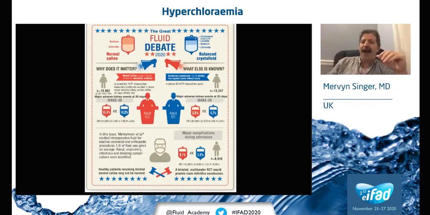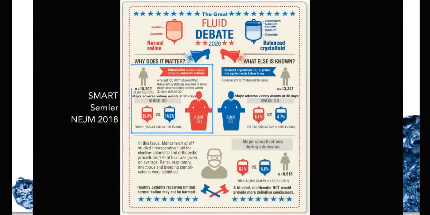There's this nice infographic in Anesthesiology that looks at some more recent trials. I won't go through them in any detail, but there was the SMART study from Matt Semler and colleagues from Vanderbilt, 15,000 plus patients in intensive care. There was no difference in mortality. They looked at major adverse kidney events at 30 days, and there was a 1% difference, which was statistically significant, but no other differences between the groups.